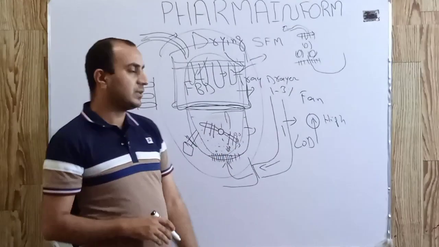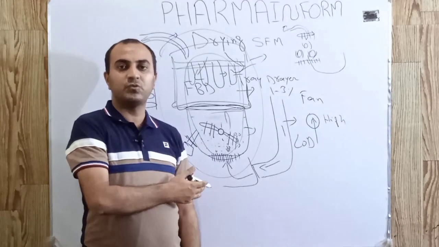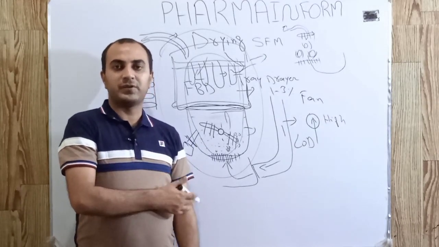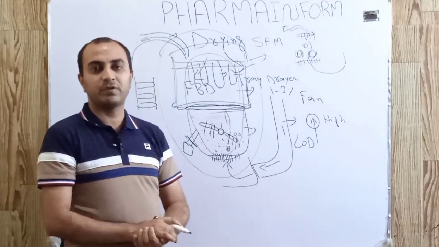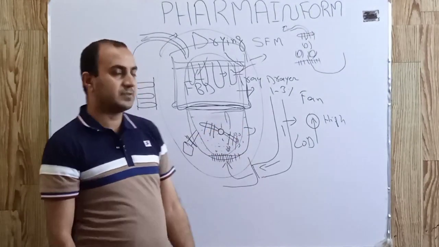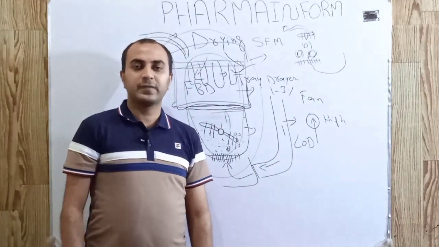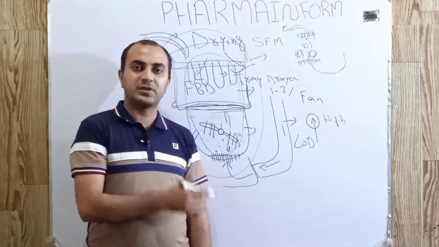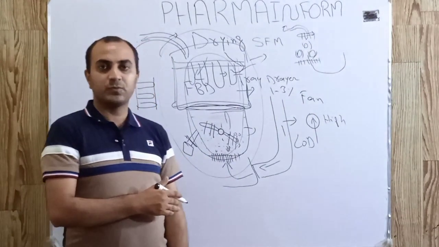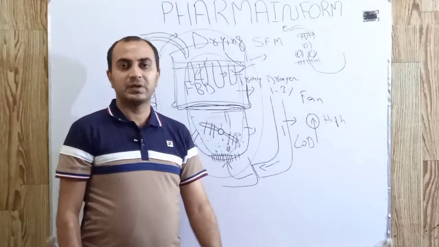When LOD is according to the BMR, we remove the product from the dryer and check the yield, and this product is now ready for the next step. In the next video we will discuss the dry sieving step. So up till now it is completed.